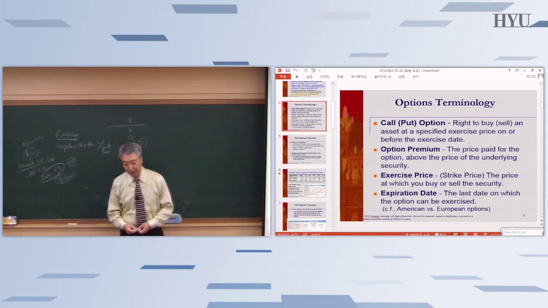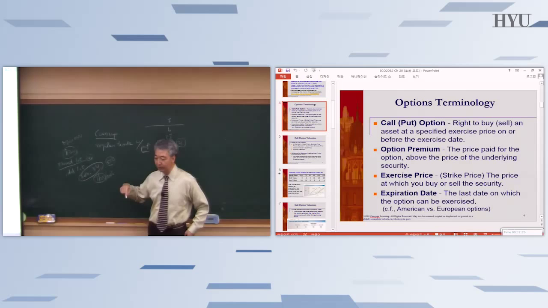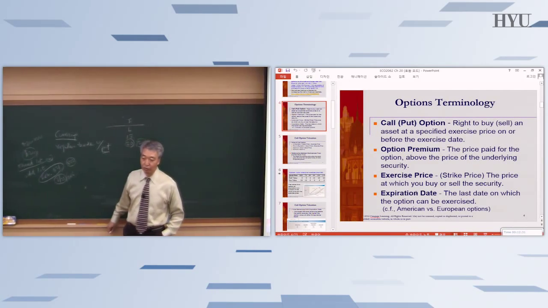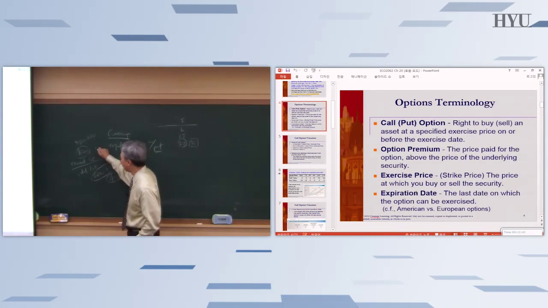If it expires, when I sold this option to you, I charged a little fee, a premium. And usually at that time it was about 1.5%. So if it's $20, then $1.50.